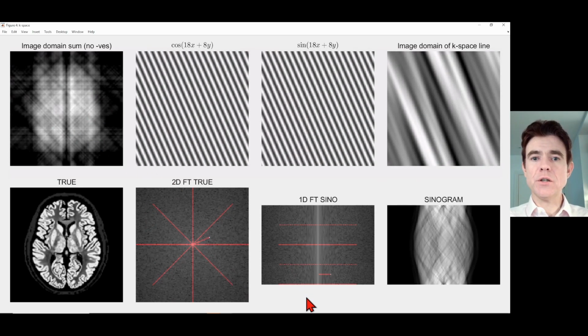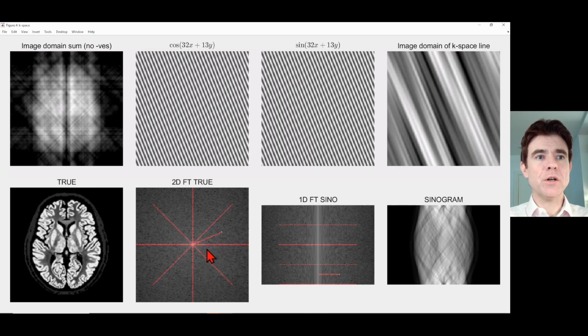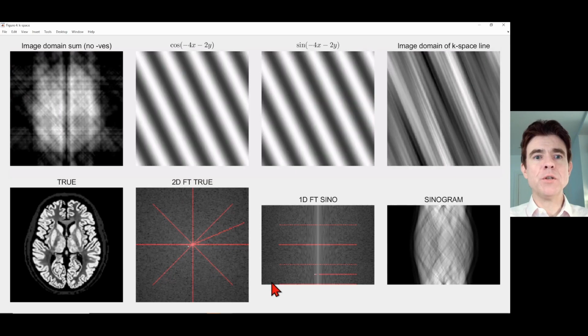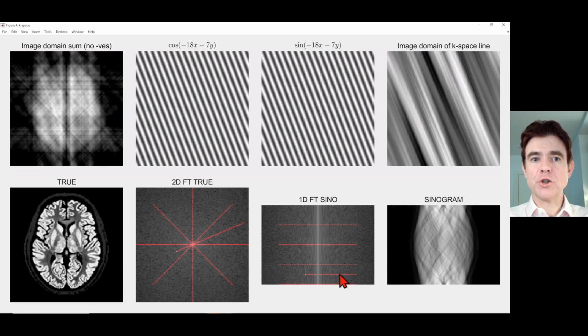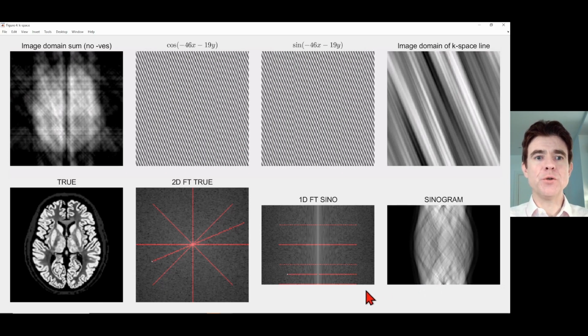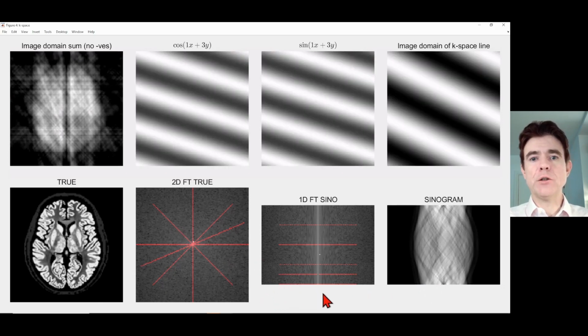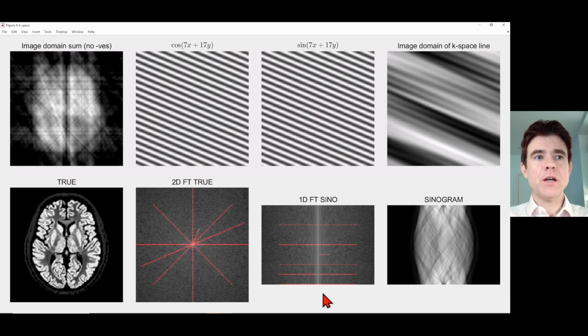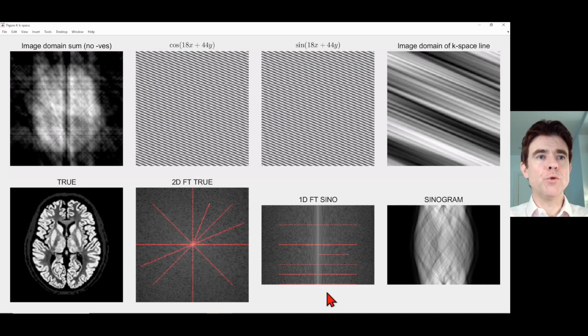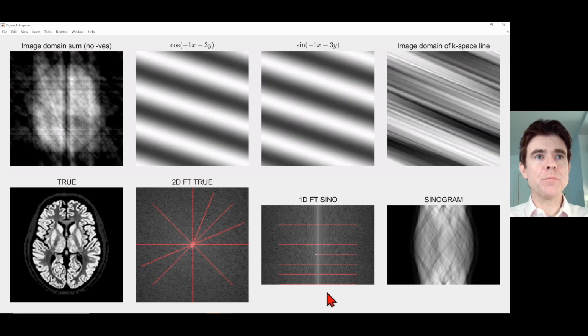And so you can see that as we proceed, we can fill up all the various radial lines in 2D k-space corresponding to extracting various rows of the sinogram, Fourier transforming those to find the values in the 2D k-space. And so this really is a visual demonstration of what is going on with the central section theorem.